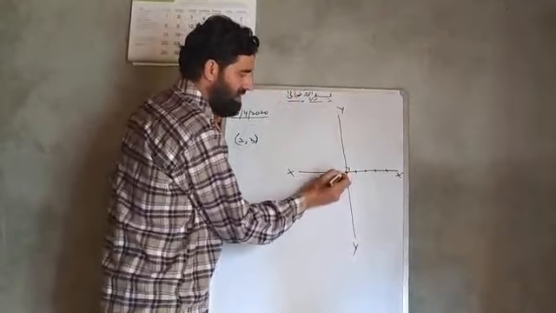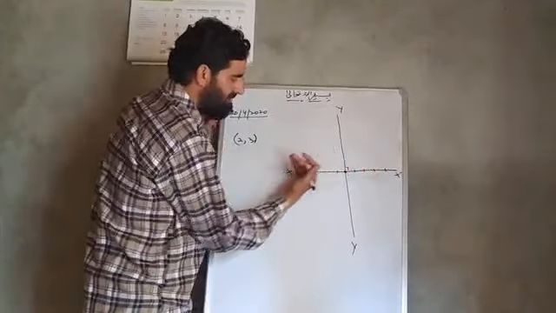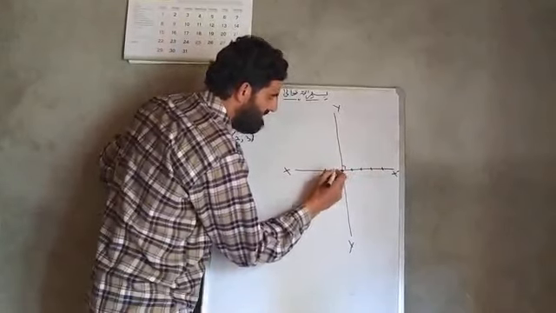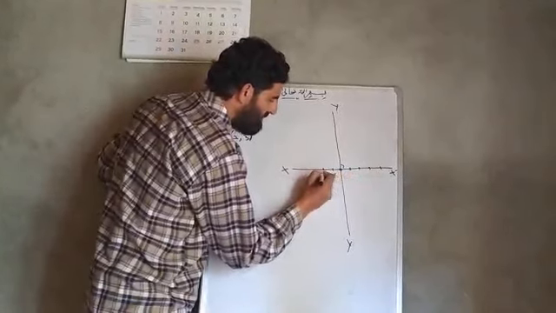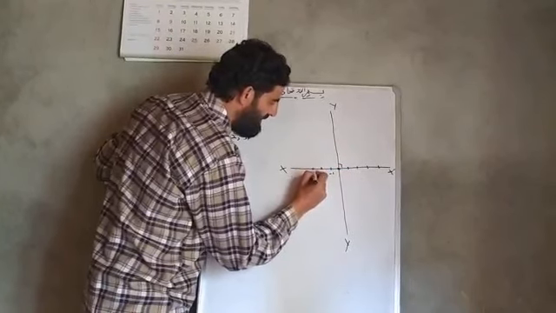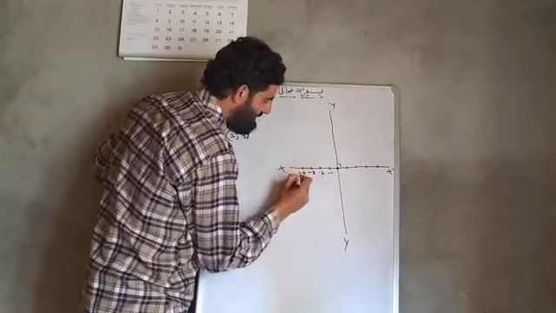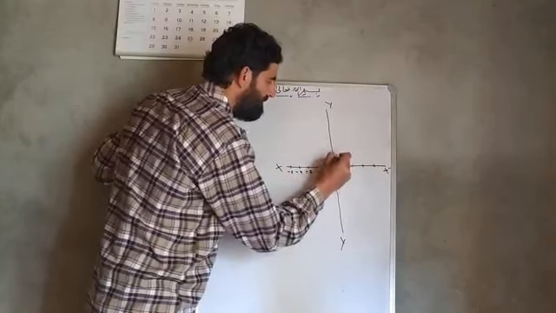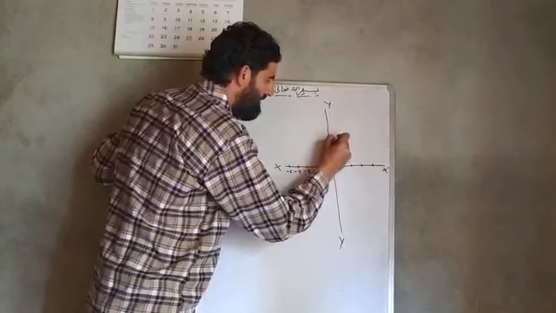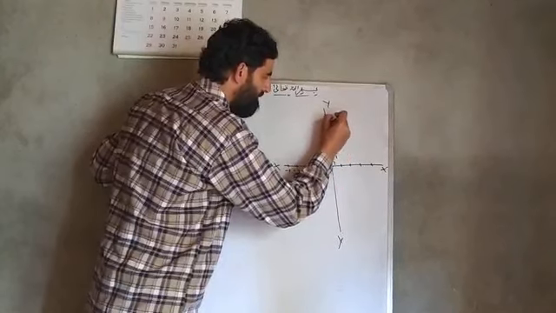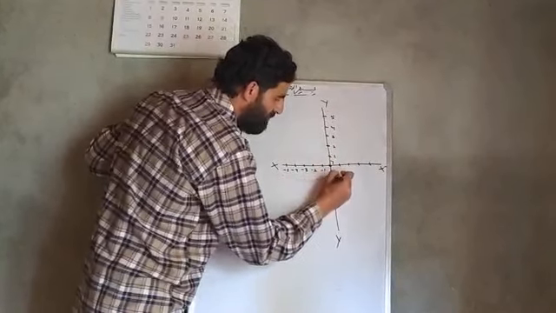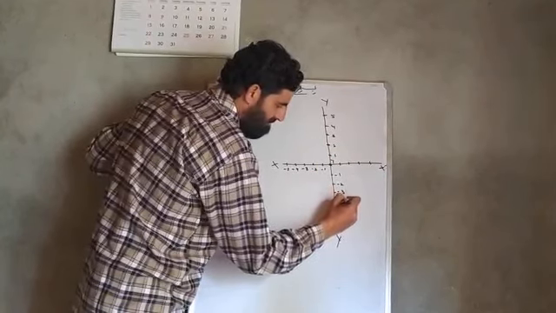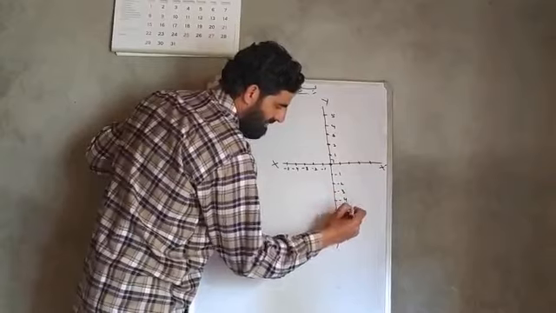When we move towards the left of the origin, the negative sign comes, that is -1, -2, negative integers, -3, -4, -5. This is again positive, 1, 2, 3, 4, and 5. This is again negative, -1, -2, -3, -4, and -5.